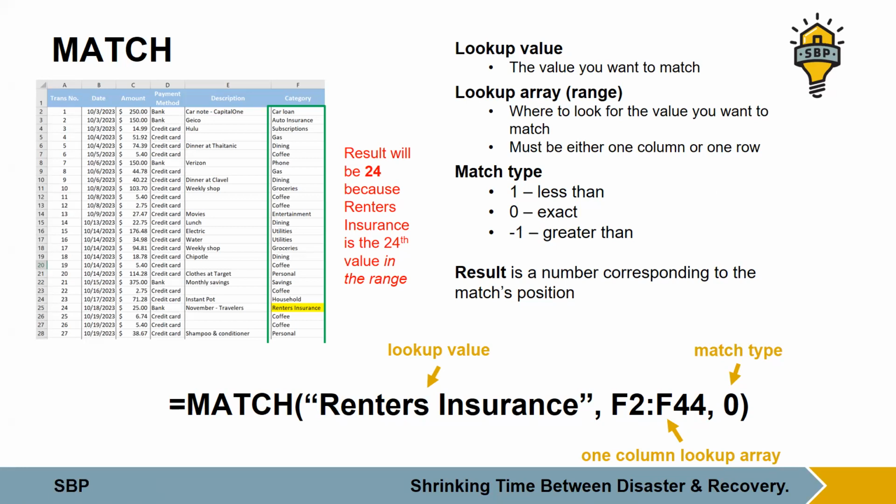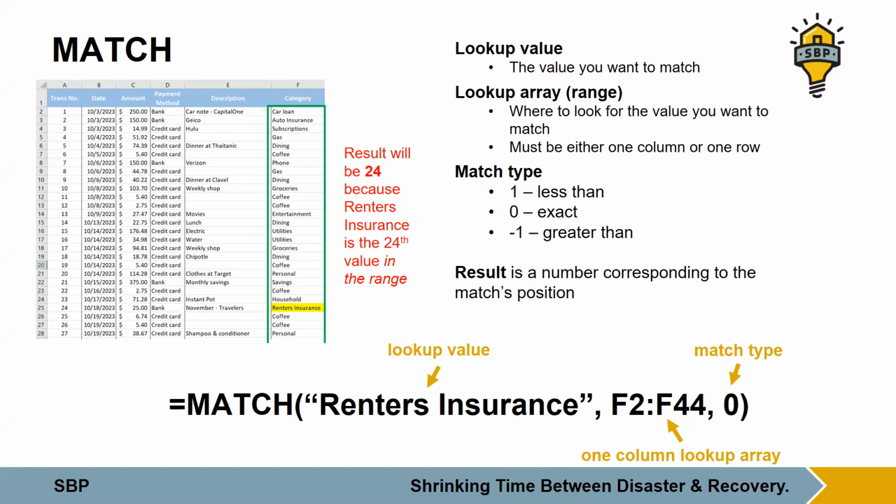So if you were looking for the next thing that had gas, I could use cell F5 as my lookup value. And then the lookup array is where to look for the value you want. Again, it must be either one column or one row. So I'm looking in column F for renter's insurance.